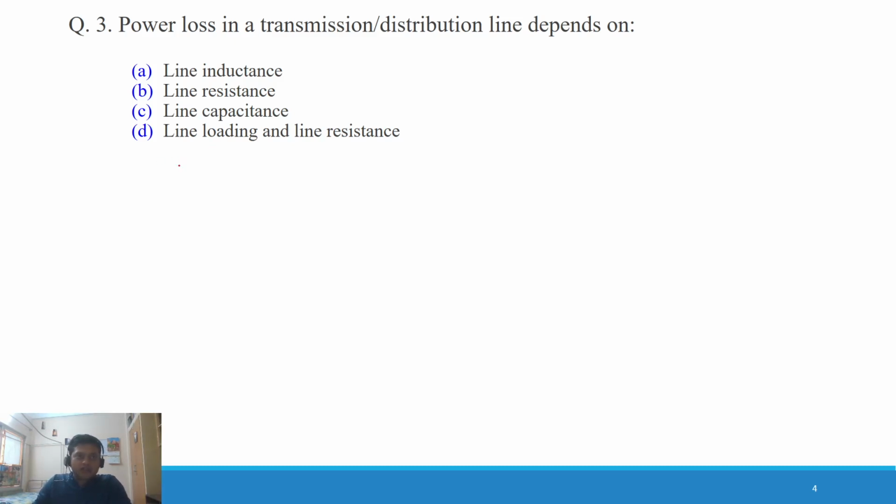We all know that power loss in a transmission or distribution line is equal to I square R. This I will vary with line loading, and this is the line resistance. So the correct answer will be D.